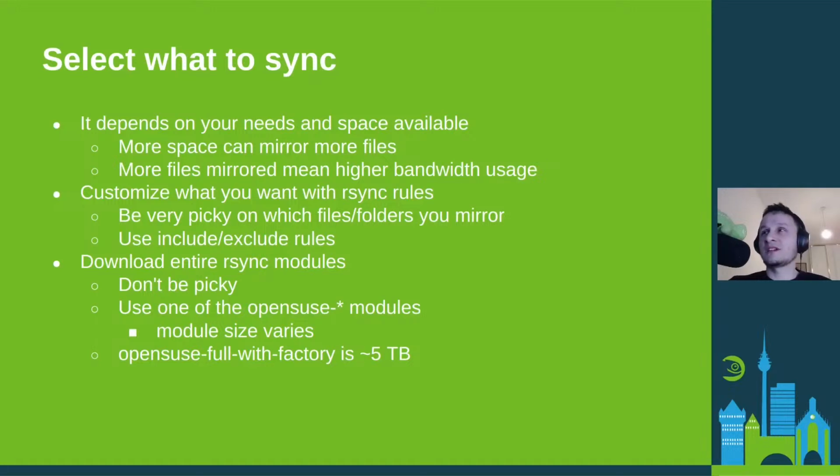This would be around 5 terabytes. So you could use one of these modules but create rules to fetch 300, 500 gigabytes, a terabyte, or if you have space, 2 terabytes. It really depends how much space you have, but you need to create certain rules to not fetch everything.